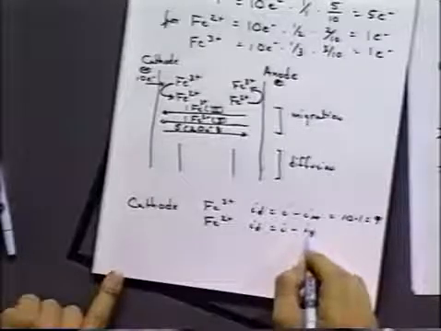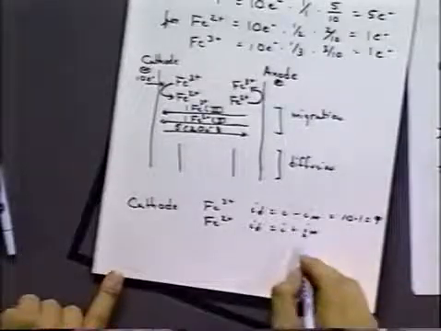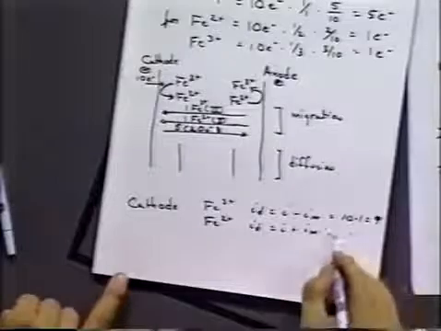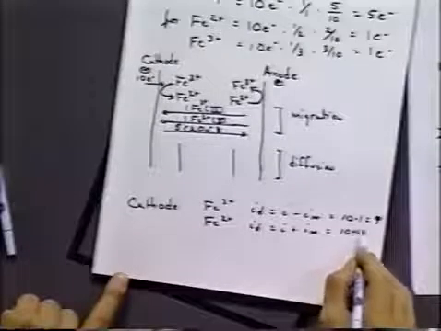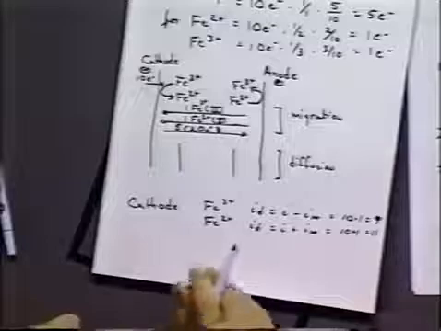Same with the iron 2. In this case, the movement is in the opposite direction, so we have 10 plus 1 equal to 11.